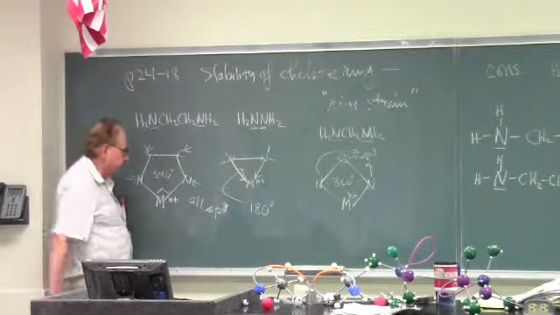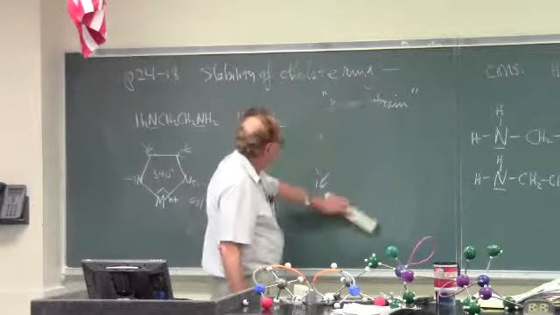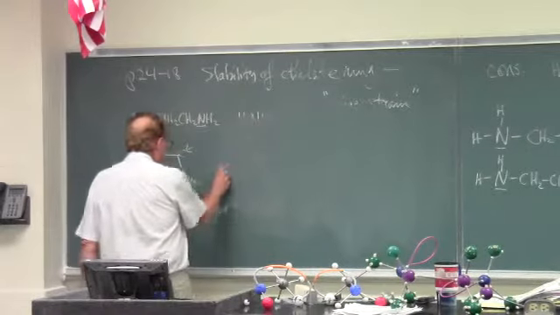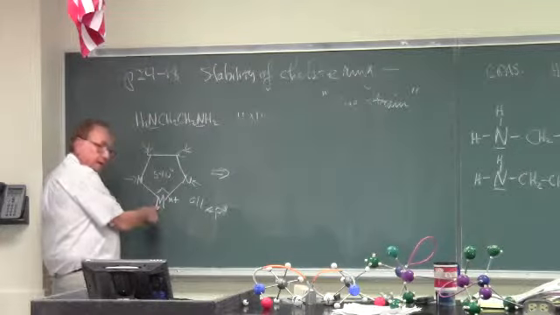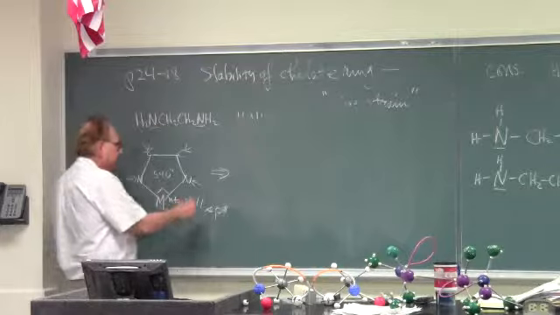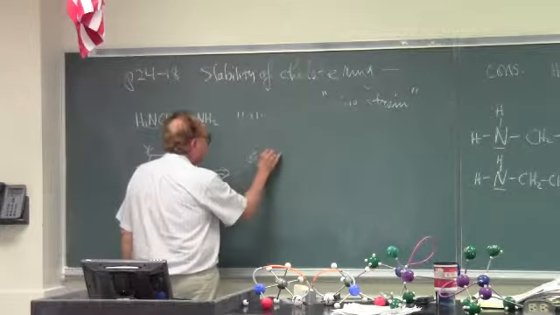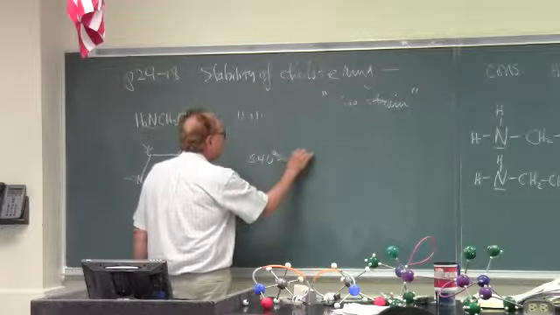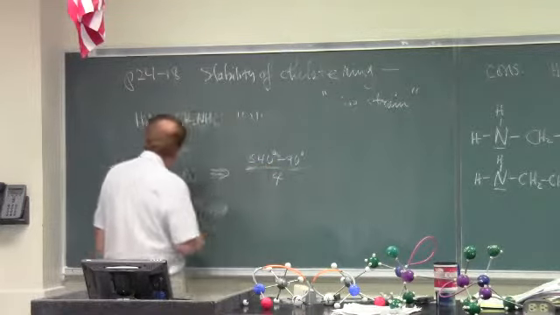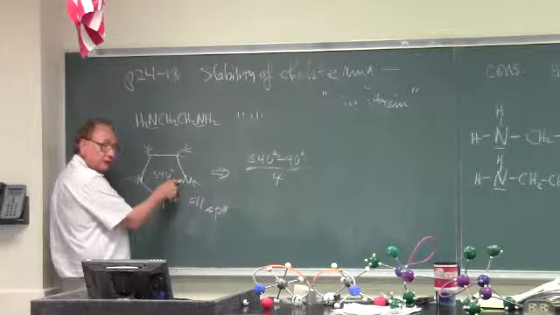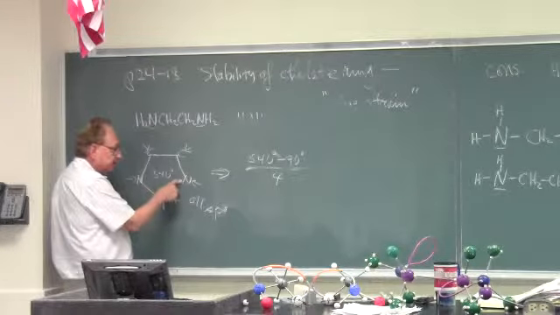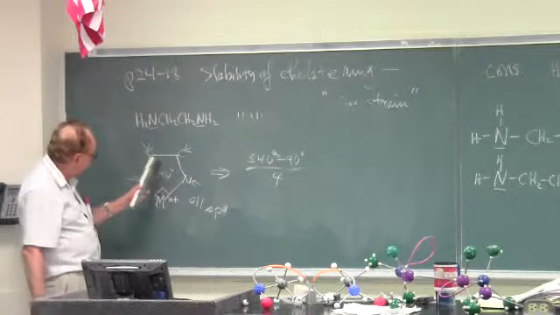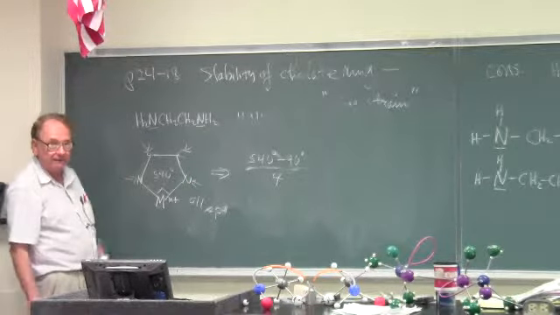All right, let's do some arithmetic. 90-degree angle, where I find the metal ion. So 1, 2, 3, 4 remaining bond angle sites. How many degrees will this give me per bond angle site if I consider this ring to be planar?